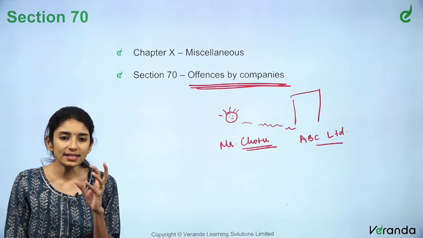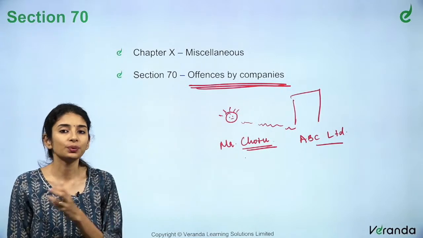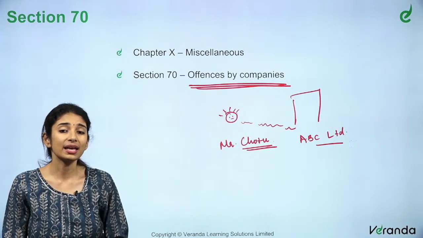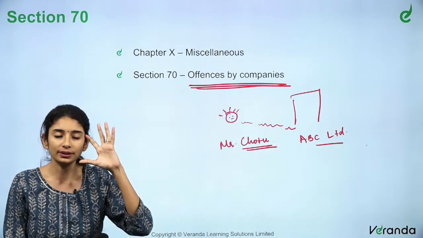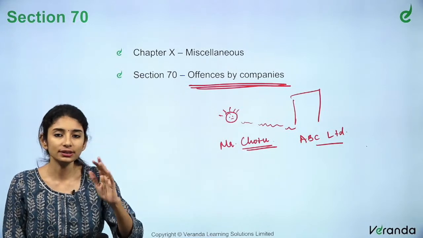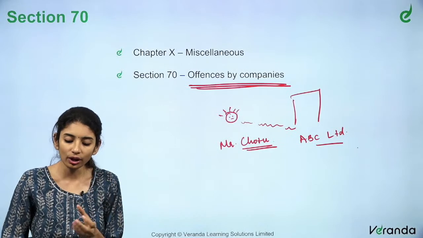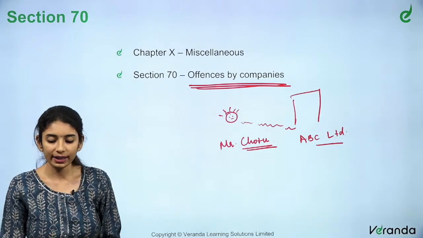In this case, both ABC Limited and Mr. Chotu will be questioned. If ABC Limited is able to prove that they hired Chotu with the right intentions, that they were clear that Chotu was a good person and had no reason to believe he would commit this fraud, then they are spared.